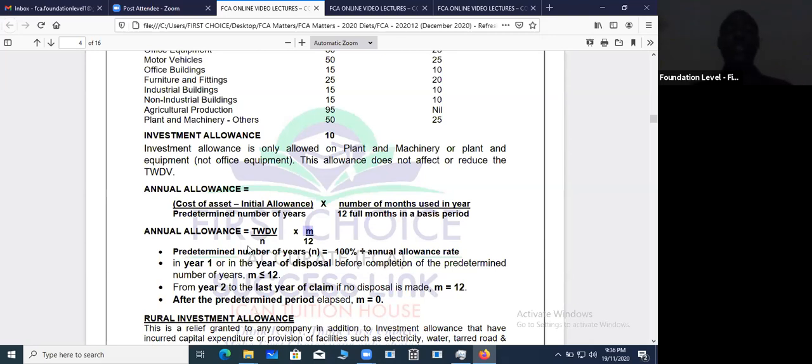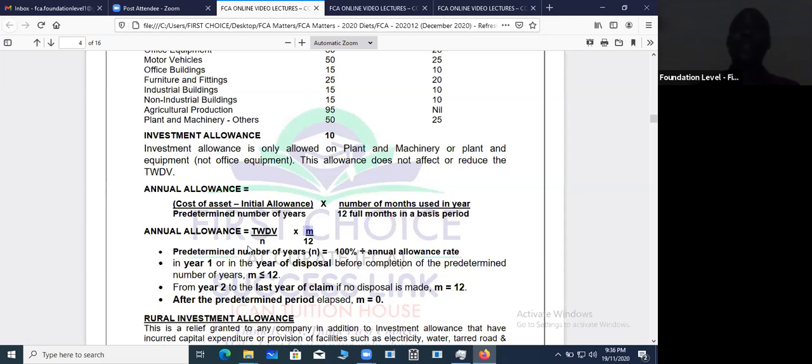Now, I want to let you know that in the very last year of claiming annual allowance, you are not going to take everything. As long as the asset is in your book, to show that the asset is still in your book, you will leave 10 naira. Some people usually leave 100 naira. It's a matter of your principle.